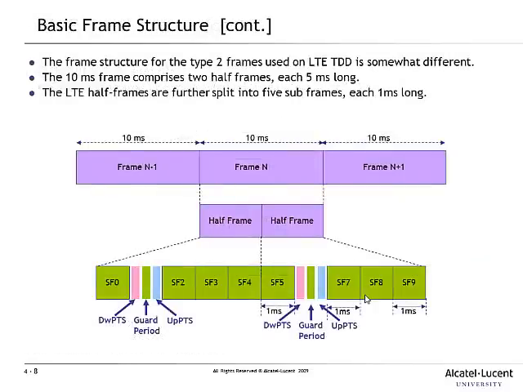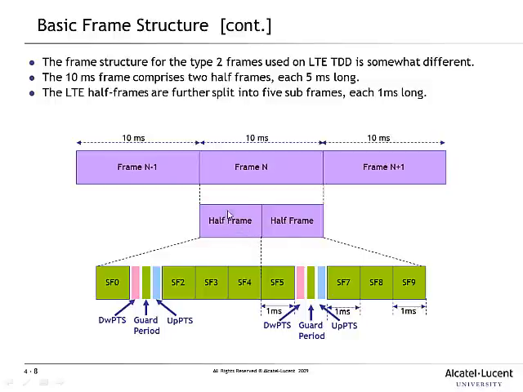Now what happens in the case of TDD? The previous slide was more related to FDD. In the case of TDD, again the radio frame is still 10 milliseconds as in the case of FDD, but what we normally do is divide this 10 millisecond frame into 2 half frames of 5 milliseconds each.